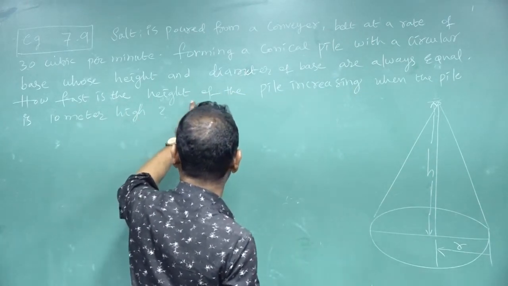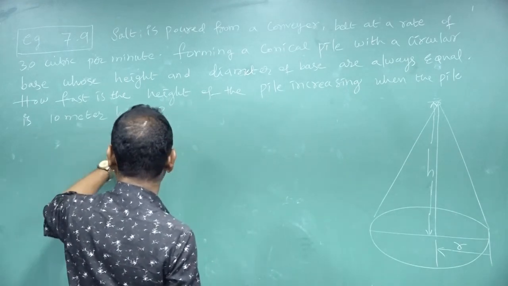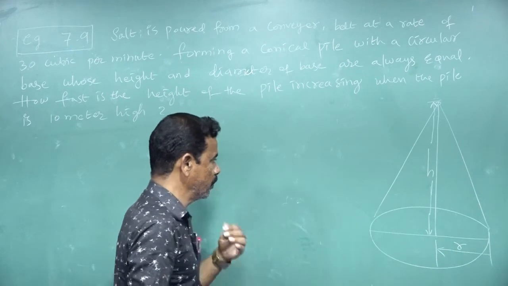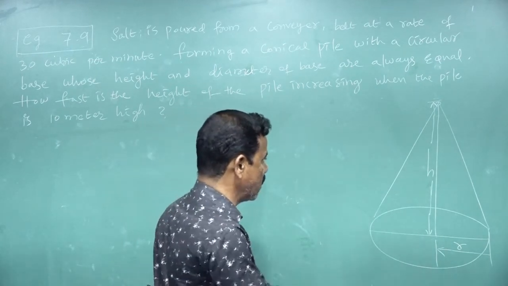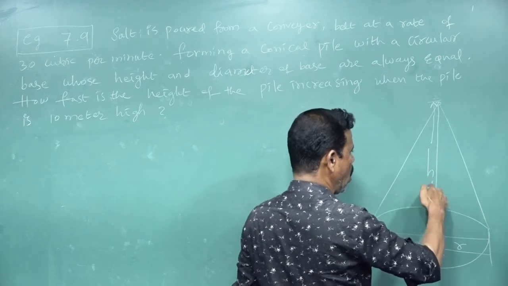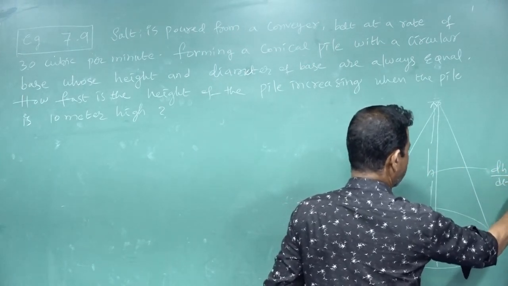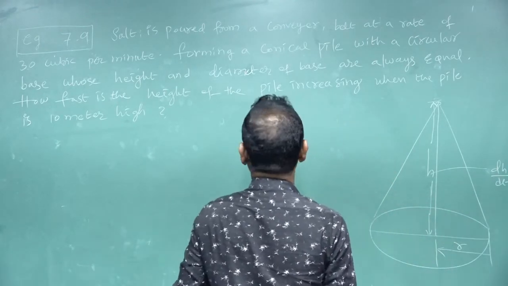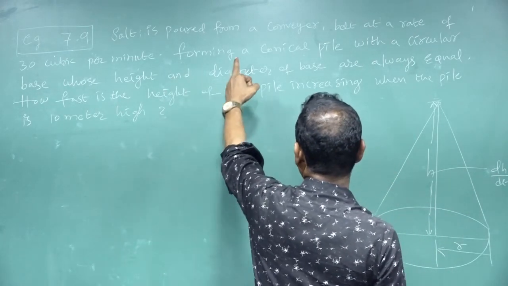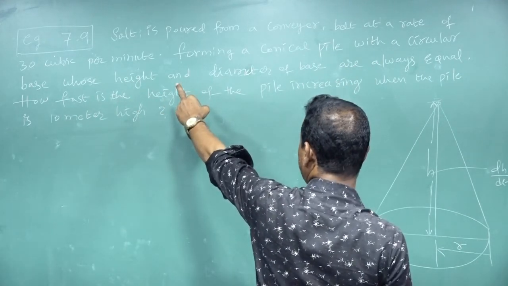How fast is the height of the pile increasing when the pile is 10 meters high? The final question is the rate of change in h, how much? dh by dt is the question, and the salt is built at a rate of 30 cubic meters per minute, given.